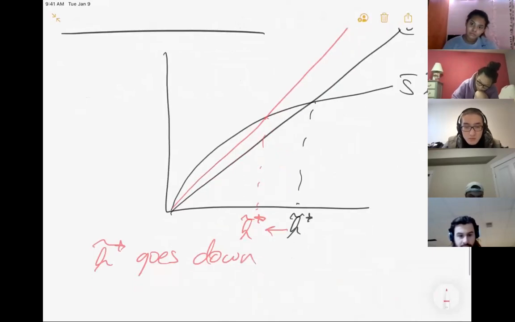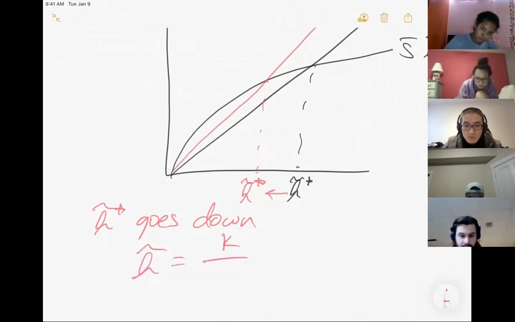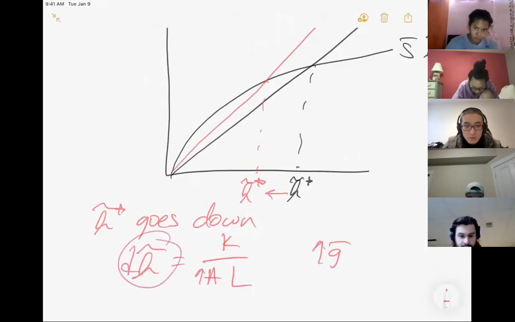That doesn't seem intuitive. And it's not really intuitive. But you have to remember, what is K tilde? It's this, right? So when you have an increase in G, it's increasing A, and that reduces K tilde.